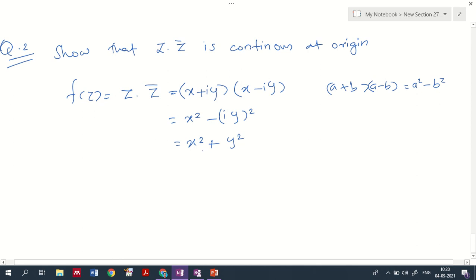Now in this case, first we have to check whether the limit as z tends to 0 exists or not. Limit z tends to 0, f of z exists or not. That is, we have to check first, right?